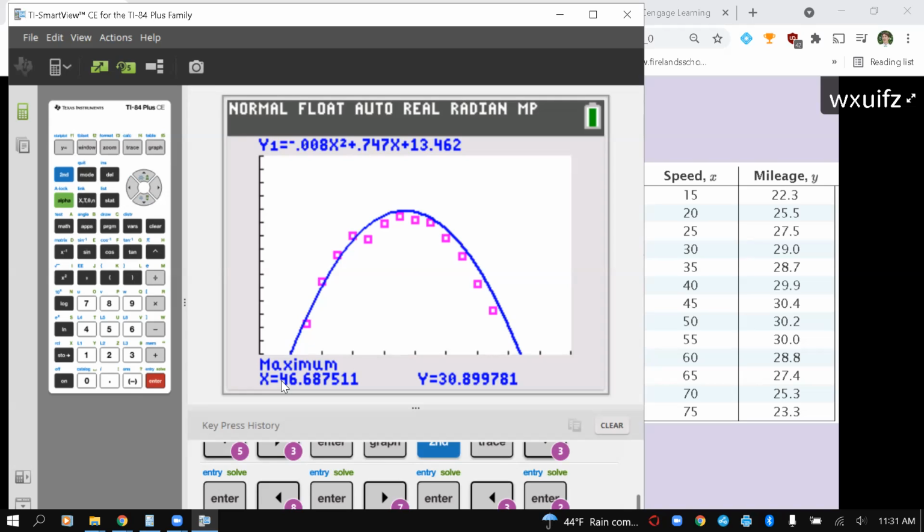Second trace, option 4. Why does it make us do the little right and left? The reason is that the algorithm your calculator uses to determine the maximum will go halfway between the left and the right bounds that you tell it, see what the value is there, record that, and then go a little bit to the left and a little bit to the right, and see if it's getting bigger or smaller. It'll eventually hone in.